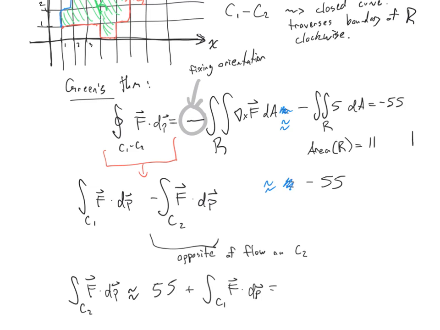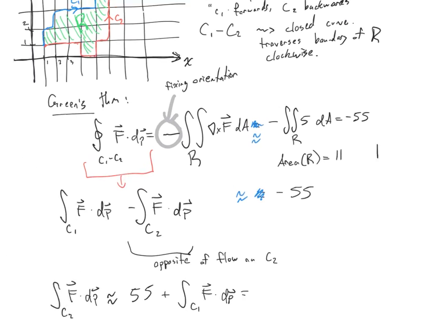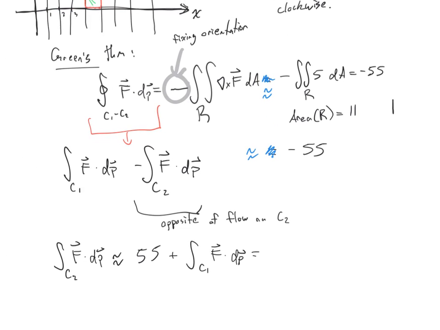And the integral over C1 we said was, let's scroll up and check, 85. Oh. Yeah. So I've got 55 plus 85. So that's 140. And there's my answer. So my flow along this curve is 140.